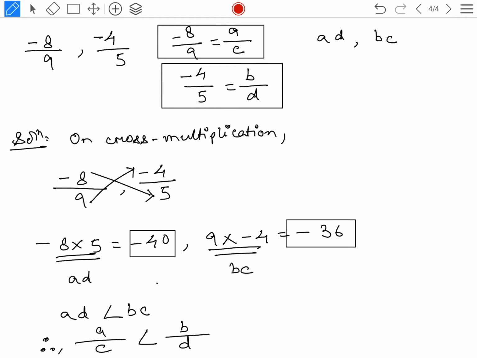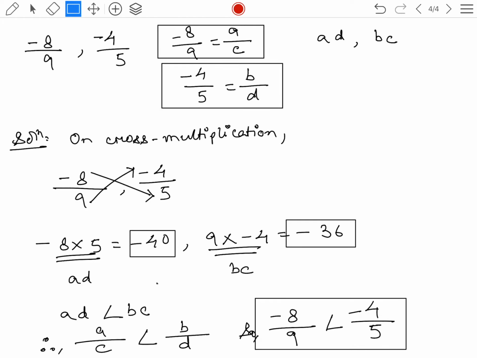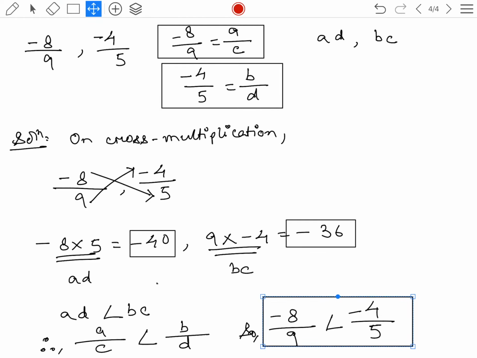It is given to you, yes or no? So you can write minus 8 by 9 is less than minus 4 by 5. That means minus 4 by 5 is greater than minus 8 by 9. So this is your answer.